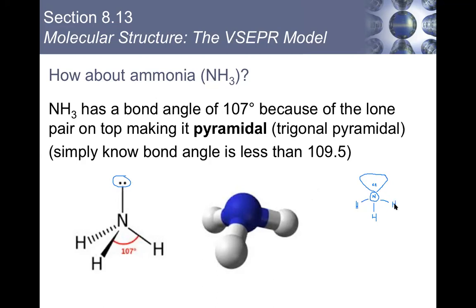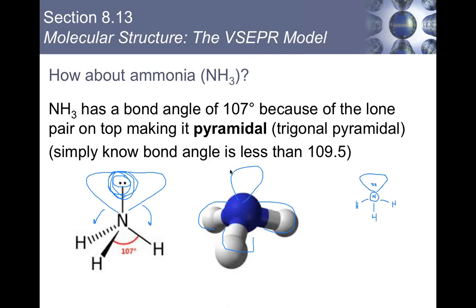What this looks like is basically tetrahedral, because you have one up top, 2, 3, 4. 4 domains. And whenever you have 4 domains, you're pretty much going to have around a 109.5 bond angle. But this lone pair, because it's not in a bond, takes up a little bit more space than a bonded pair. And as a result, they push everybody down a little bit more.